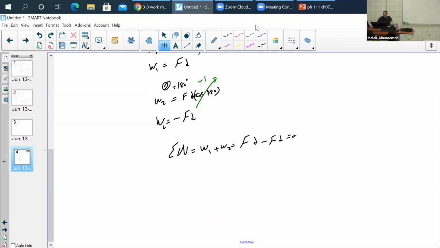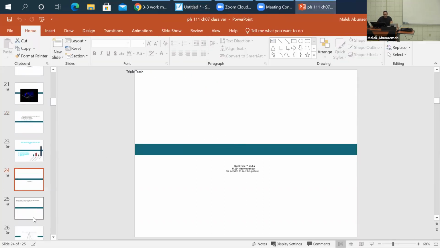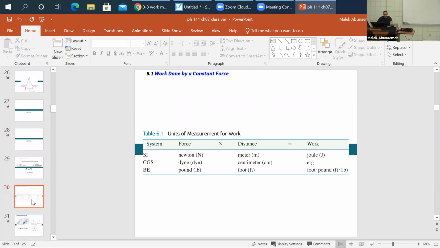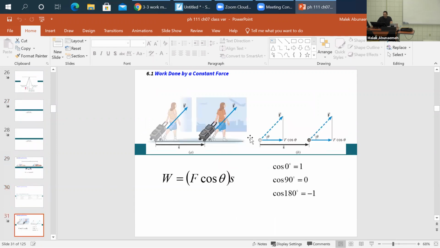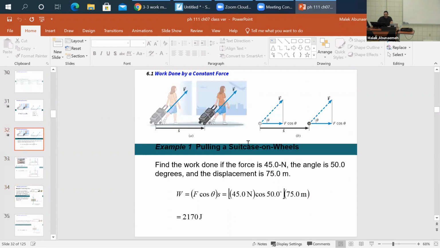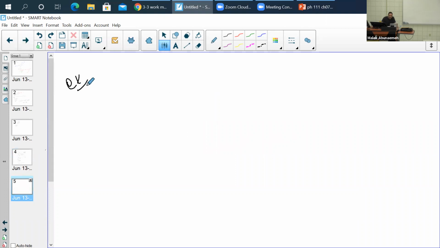So let's say we have an example. Find the work done if the force is 45 newtons, the angle is 50 degrees, and the displacement is 75 meters. Let's do this example.